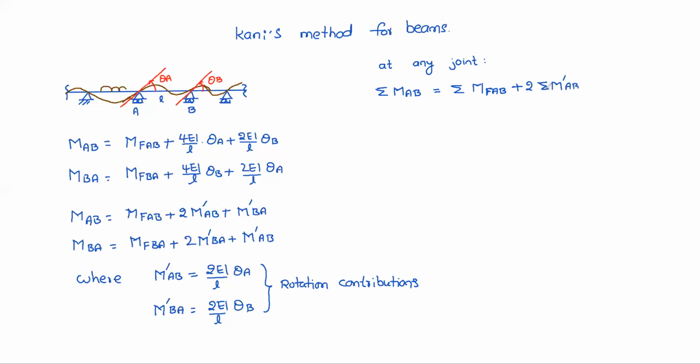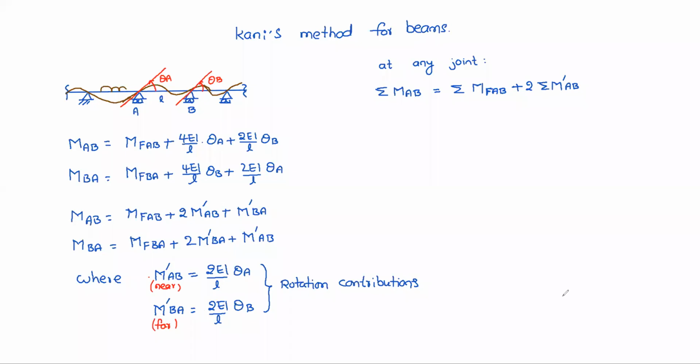See, sigma means here sum of the near end rotation contributions. M dash AB is called near end rotation contribution. M dash BA is called far end rotation contribution. So M dash AB is near end, M dash BA is far end. Okay.